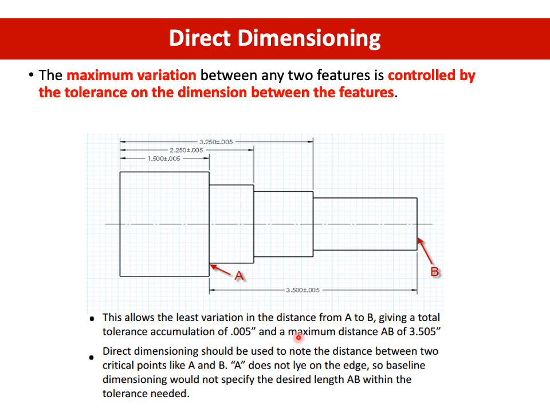This allows the least variation between A and B, giving a total tolerance accumulation of only around 0.005. It's just a simple note, because the others are the same too. It's a direct one, so you can calculate it between A and B.